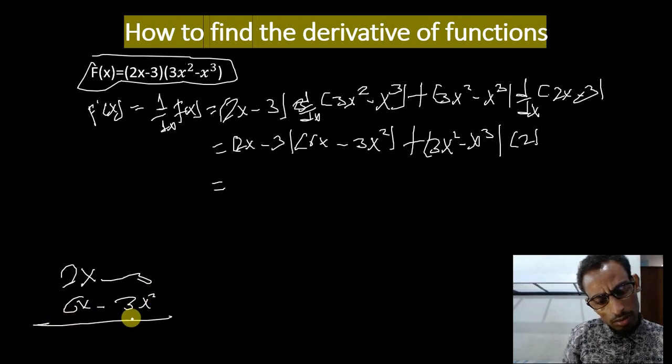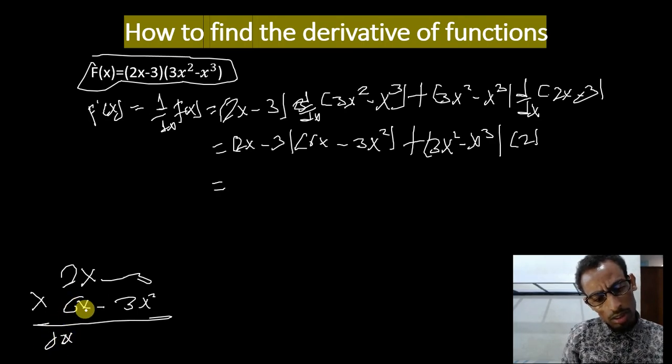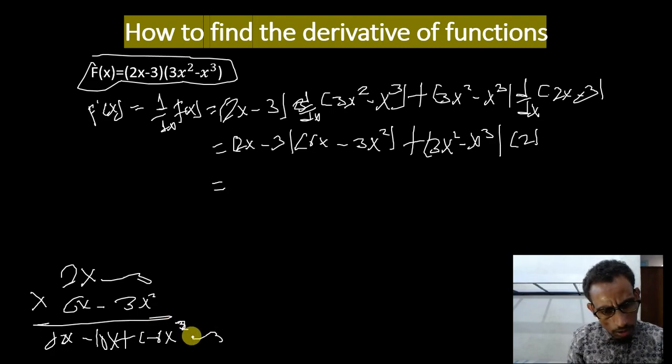Now 2x times 6x we get 12x squared, 2x times minus 3x squared we get minus 6x cubed, minus 3 times 6x we get minus 18x, and minus 3 times minus 3x squared we get plus 9x squared.